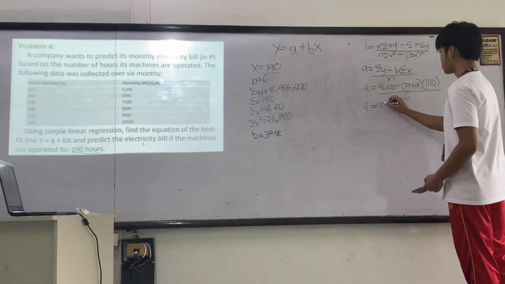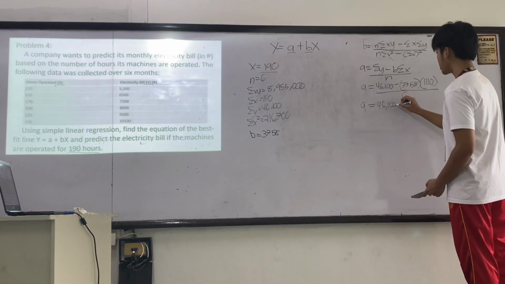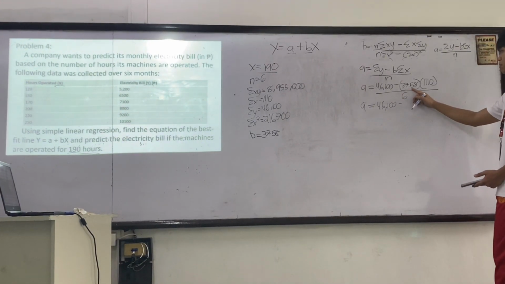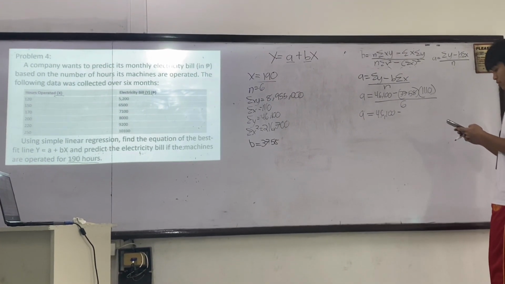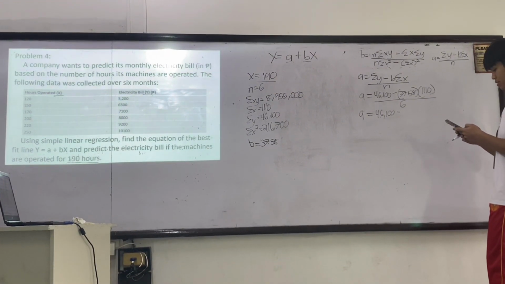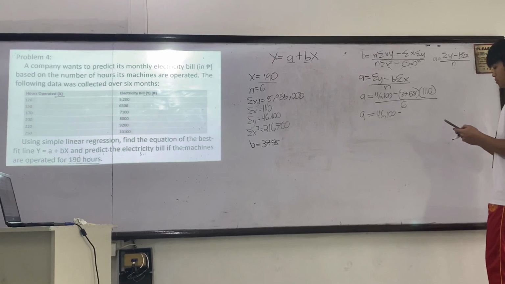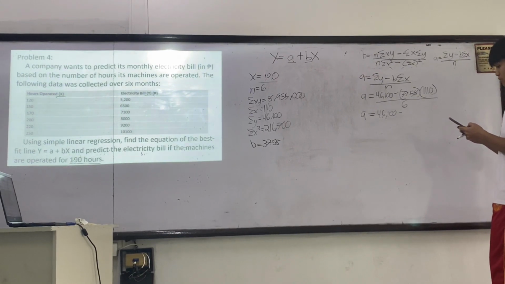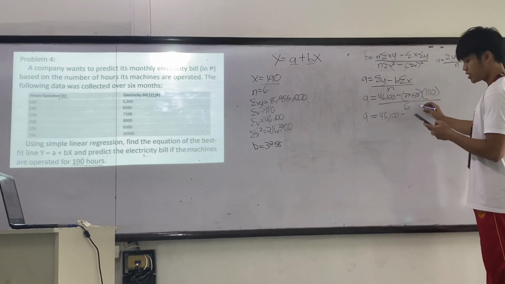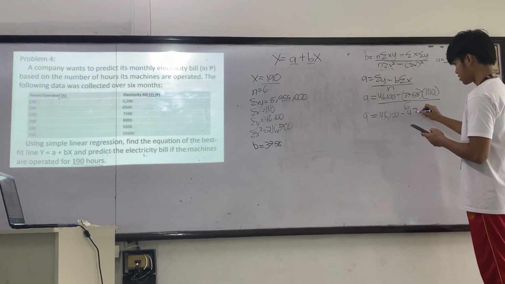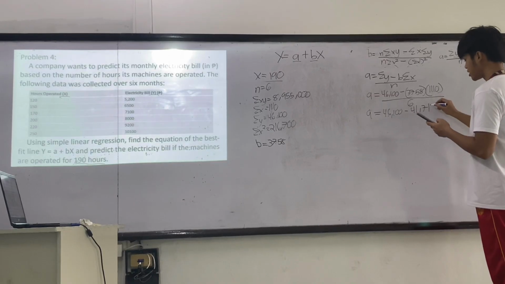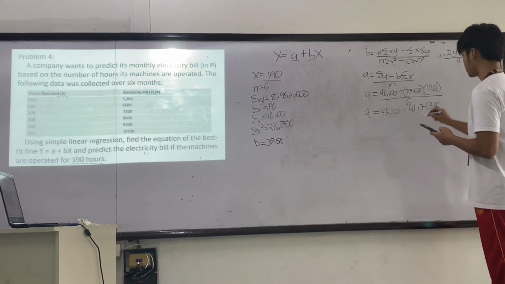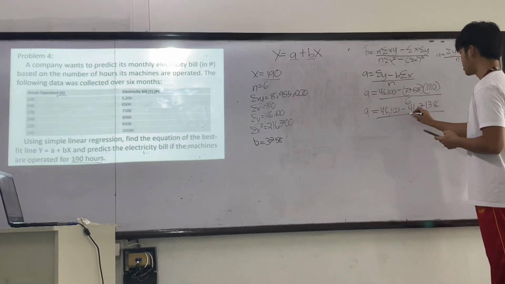Simplify. 46,100 minus 37.58 times 1,110, so the answer is 41,713.8 over 6.